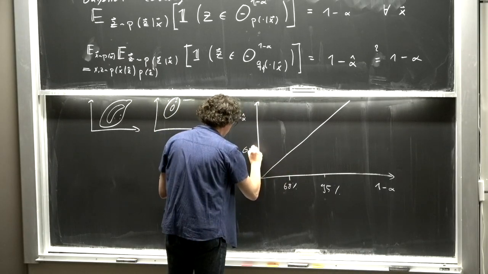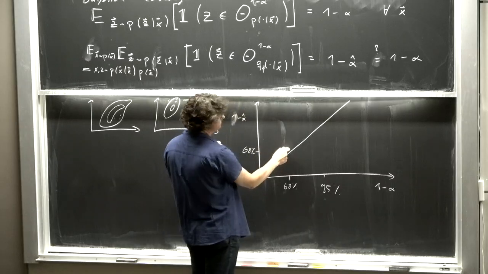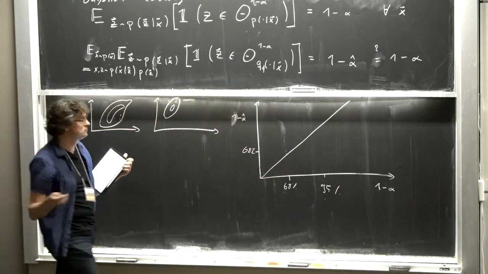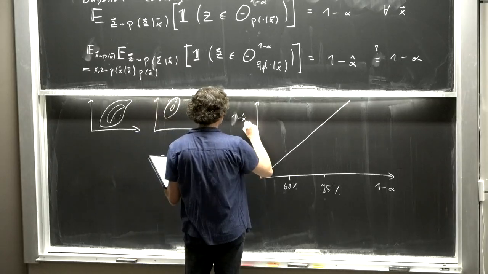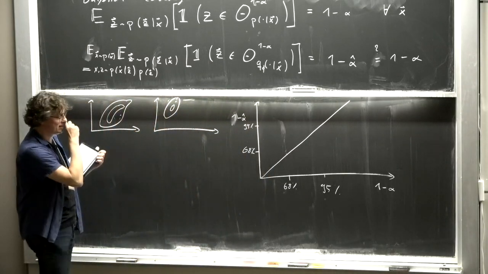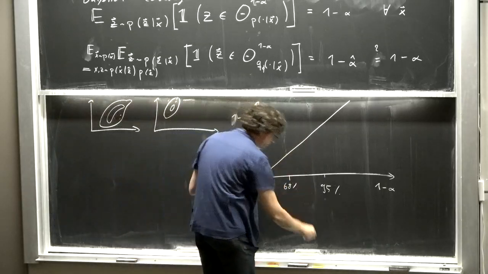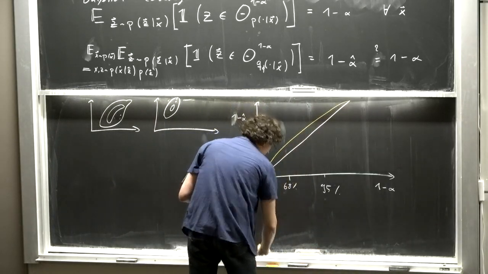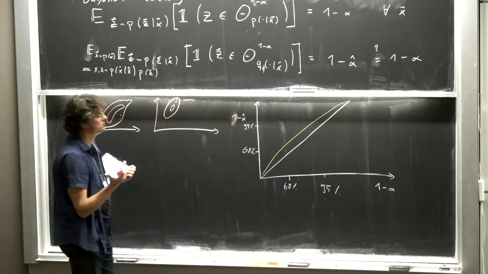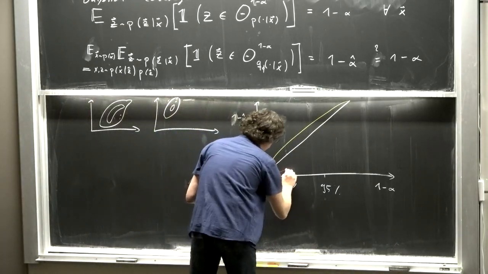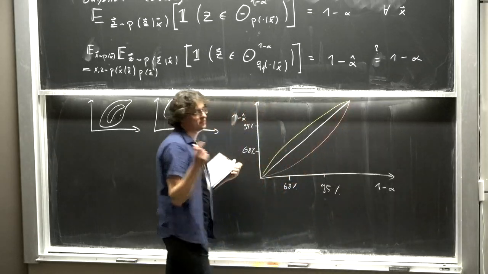So this would be 68, but we might also end up a bit higher. That would mean that our region contains the true value more often than we claimed when building the interval. Same for 95. So that would be the situation where the curve looks like this. It could also be, and this usually happens when you overfit the entire problem, that the intervals are too good, so that they are too narrow.